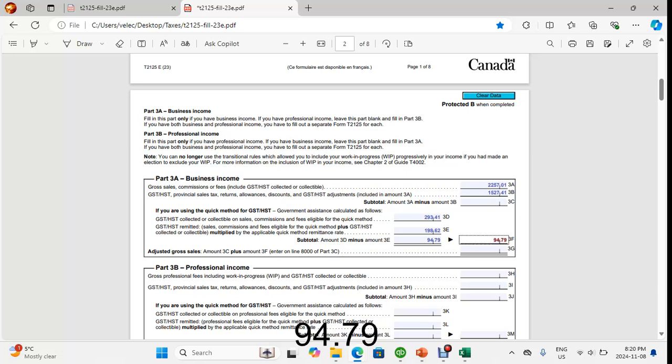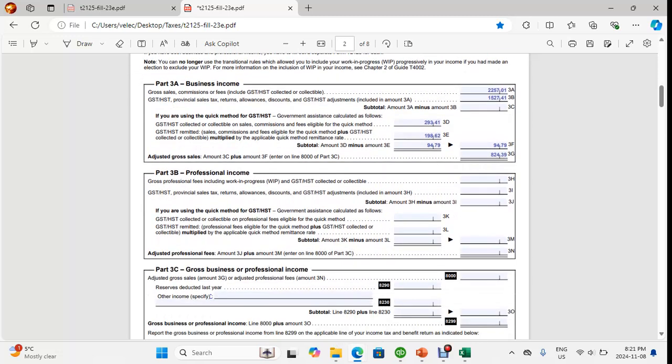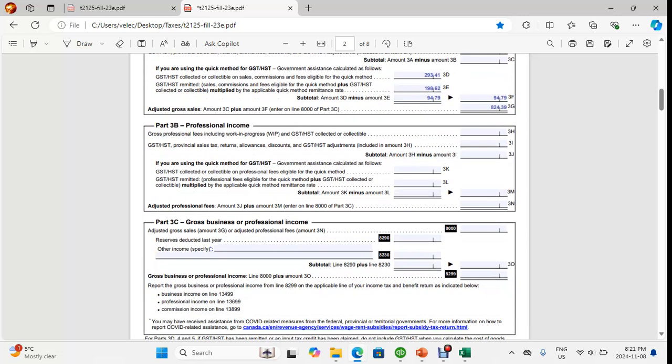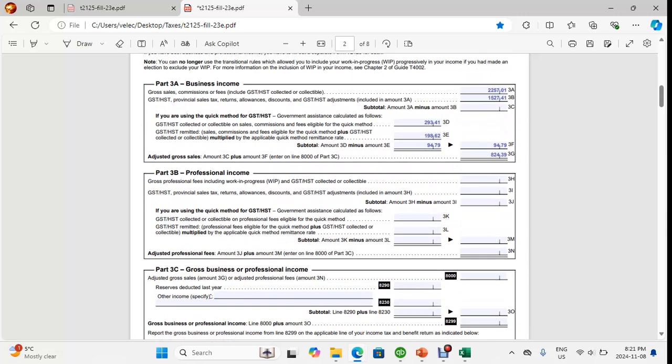And your adjusted gross sales will be $824.39. Now, if your business is a sales and service business, you will leave 3B as it is.